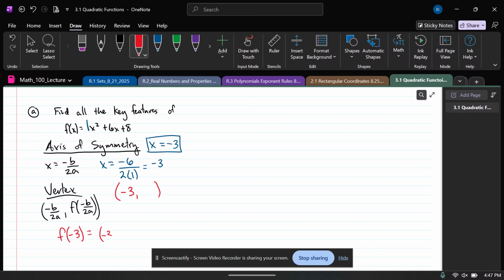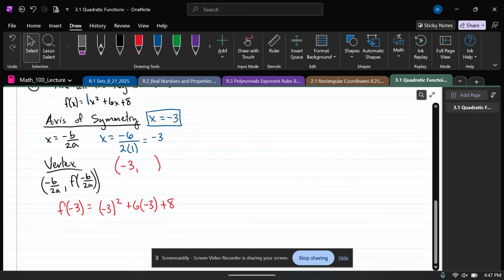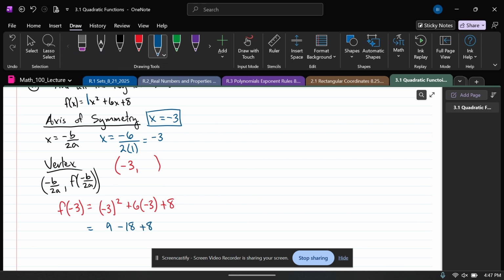That's going to be negative 3 squared plus 6 times negative 3 plus 8. I'm going to work that out. This is me doing it by hand. That'll be 9 minus 18 plus 8, which would be negative 9 plus 8, which is negative 1. So the y value of the vertex is negative 1.